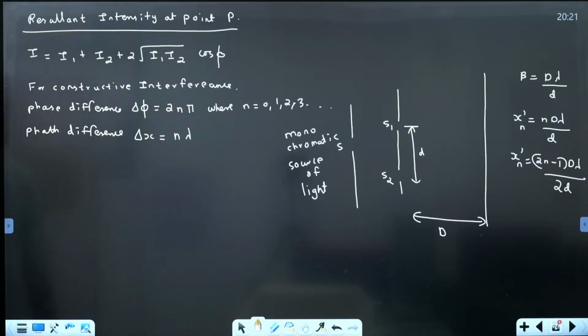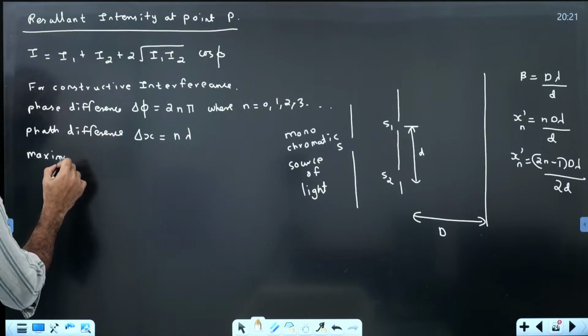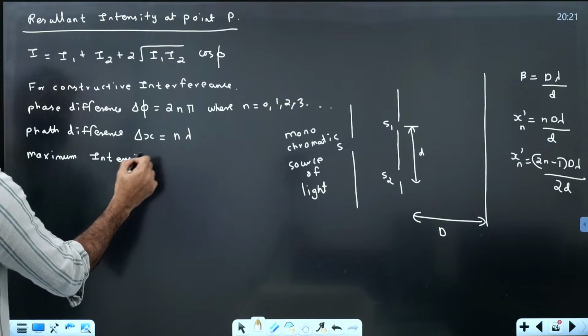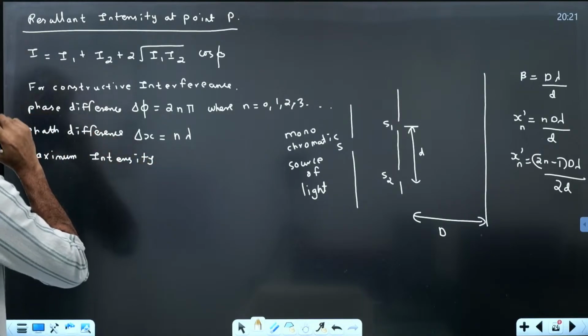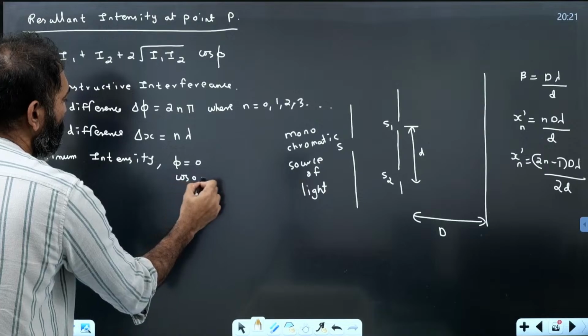Okay, now maximum intensity means what? Phi value will be 0. Cos 0 is equal to 1.